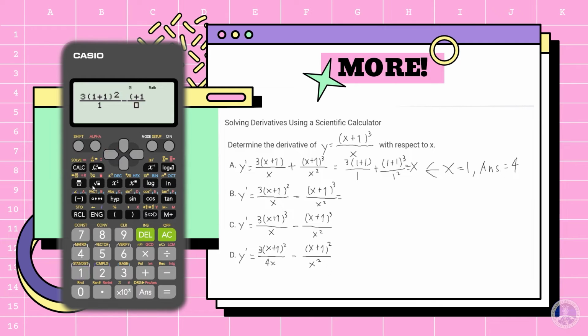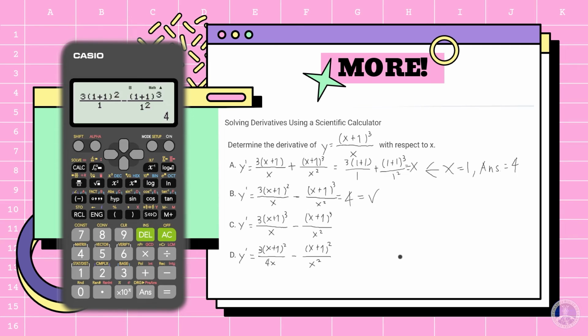Oh, I almost made a mistake there, forgot. Alpha parenthesis, this is value of 1 cube all over 1 squared. So let's press equal on that. 4. So we have our answer here. So with that, we have the value of the derivative.